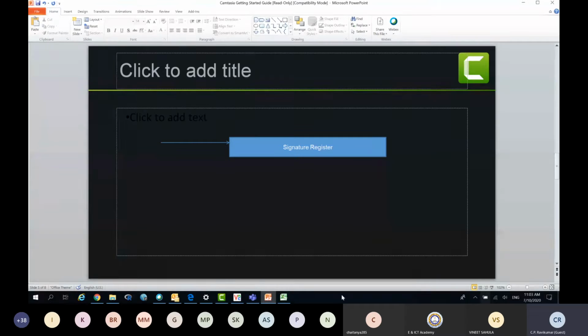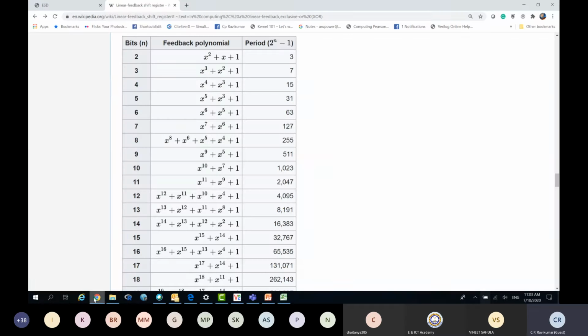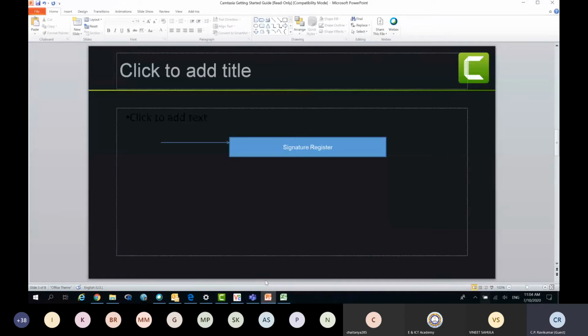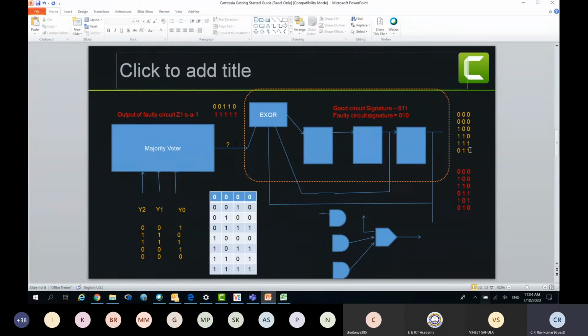And that is where your bigger LFSRs are required. If I just take a 3-bit LFSR, then I can't be sure. See, suppose I have hundreds of bits that I am trying to compress, right? Then what is the guarantee that the signature of the good circuit and the signature of the faulty circuit do not turn out to be the same?